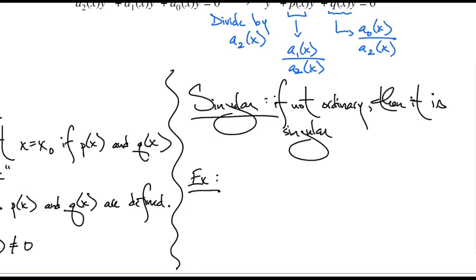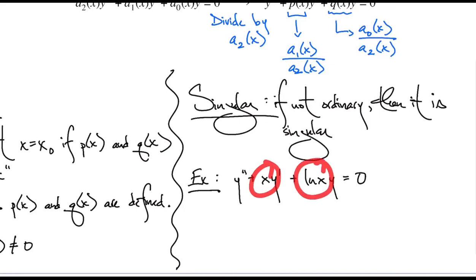So for example, all right, let's say we had y double prime plus x y prime plus natural log of x times y equals 0. So we've already divided my a sub 2 away, okay? Now we're checking, does this first term or this one, are they always defined? x, I would say, is totally fine. x is a linear function.